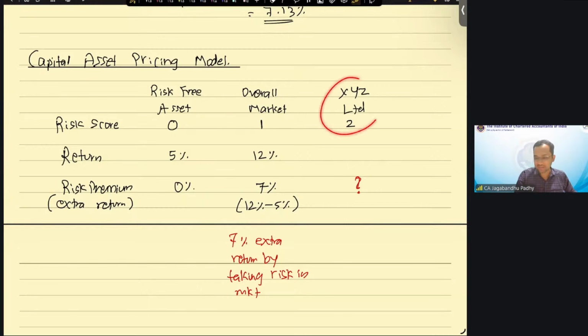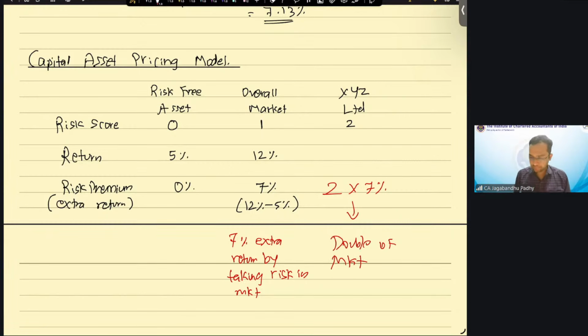Since the risk is double, the risk premium should also be double. Perfect. We are on the track to arrive at the number. So this should be 2 times of 7%, or simply double of market.